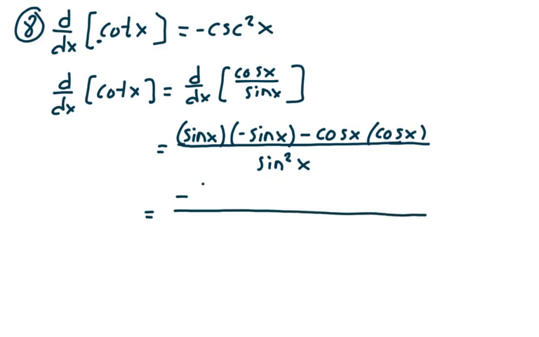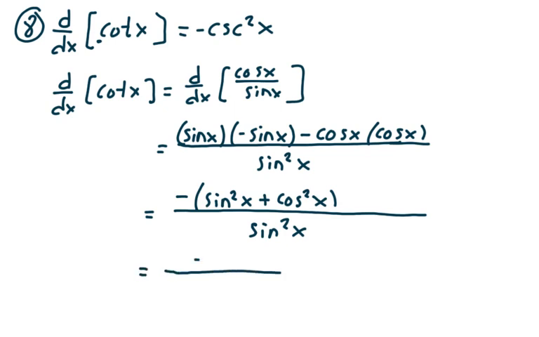So this is negative of sine squared x plus cosine squared x. Notice how I factor out a negative out of both terms, and I'm going to divide by sine squared x. But what is sine squared x plus cosine squared x? That's 1. So I get negative 1 over sine squared x.